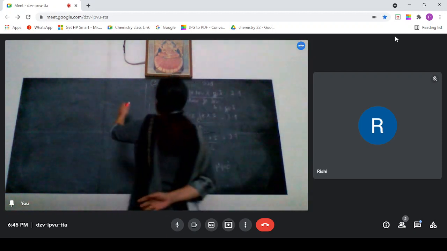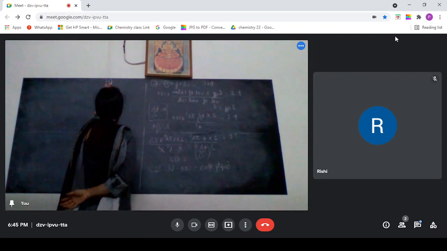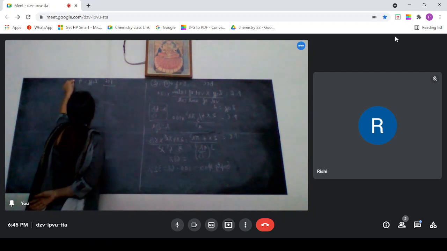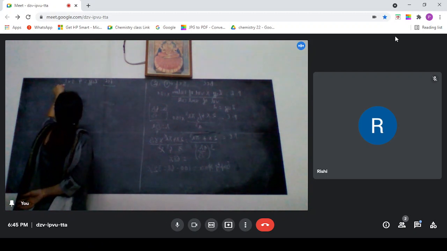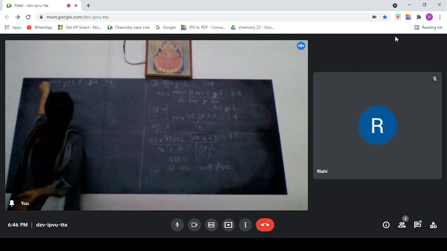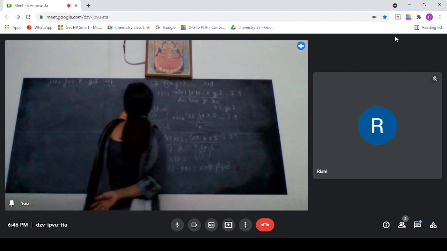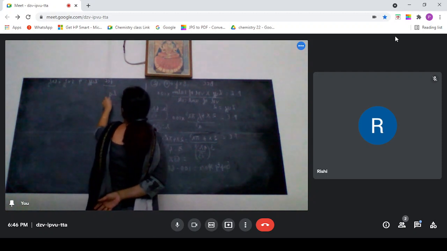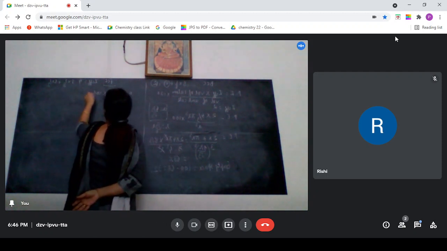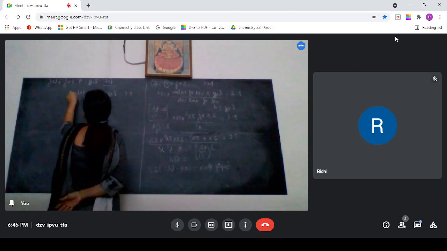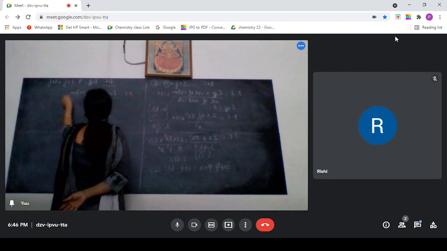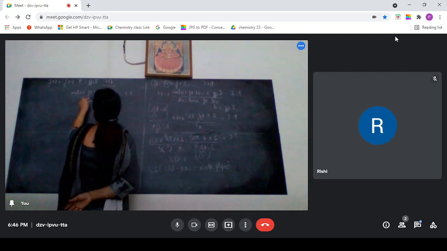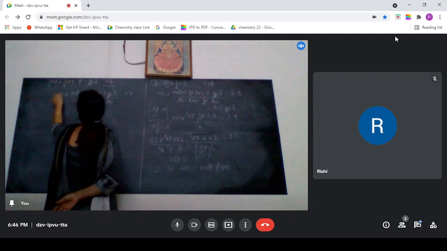Okay. Now we'll do for face center. For face center, Z effective is equal to 4. How is it 4? 8 into 1 by 8 plus 6 into 1 by 2. So packing efficiency will be equal to, write down, Z effective into volume of one atom by volume of the unit cell into 100.